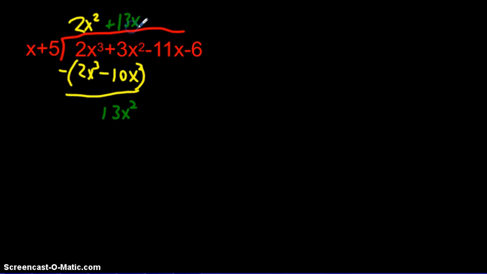13x times, I forgot to bring down the 11. Bring down the 11. Okay, so now we multiply. 13 times x would be 13x squared. I'm already subtracting this. 13x times 5 is, I want to say 65x, positive 65x.